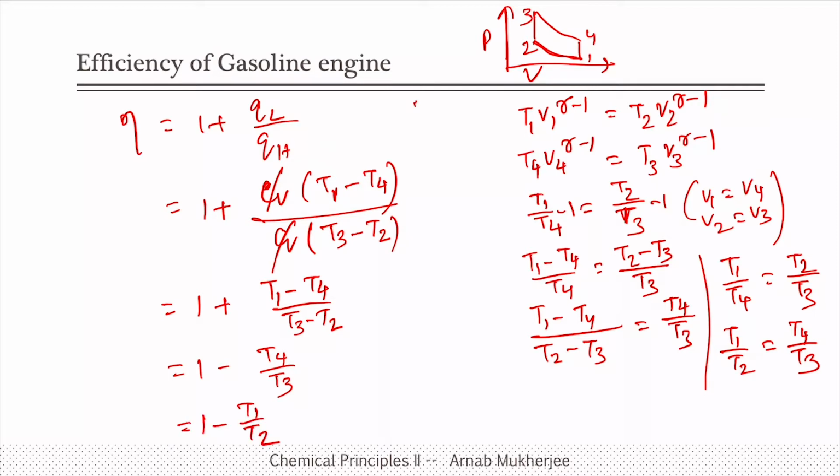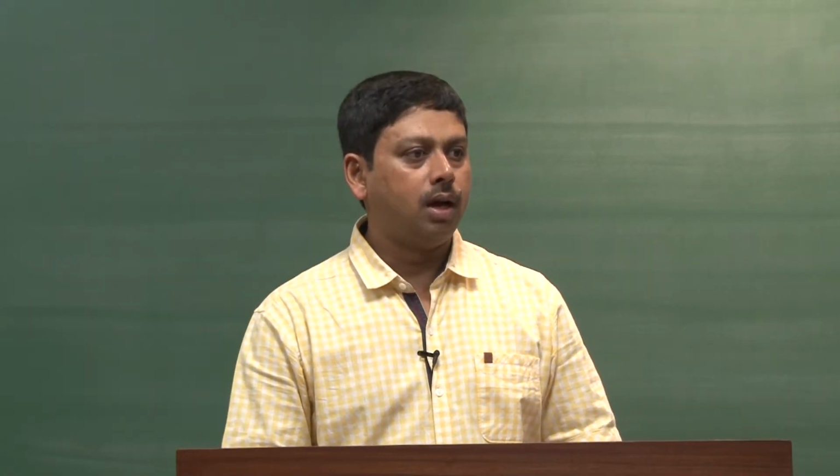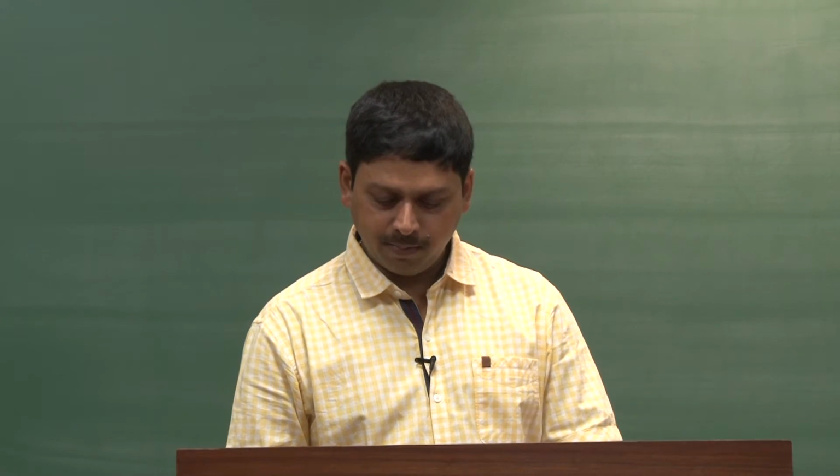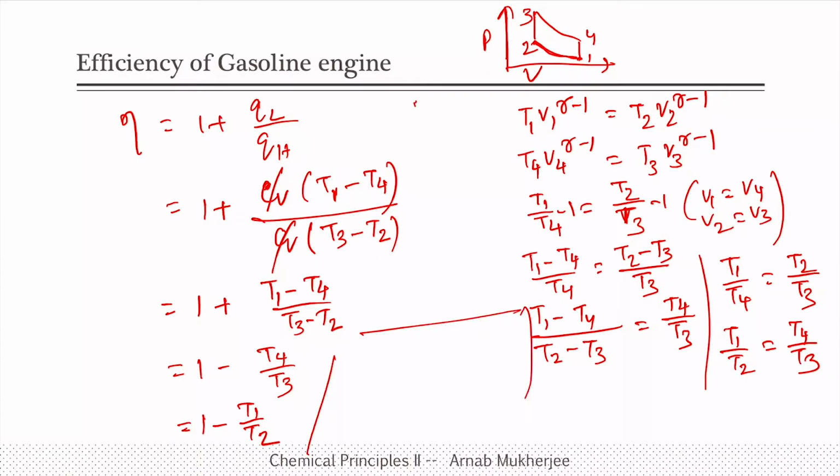So, you see now the efficiency of this particular engine depends on the difference in temperature between 1 and 2. That is the difference of a compression. So, during the compression how much difference of temperature you can make, that will determine the efficiency of the engine. So, typically at 1 it is at normal temperature 300 Kelvin, and in 2 by compression it goes approximately 500. So, if you take that, then you can calculate the efficiency to be 1 minus, let us say, 300 by 500.